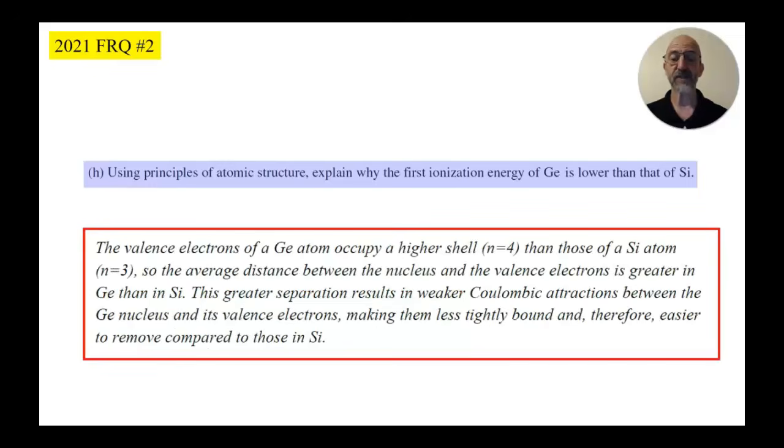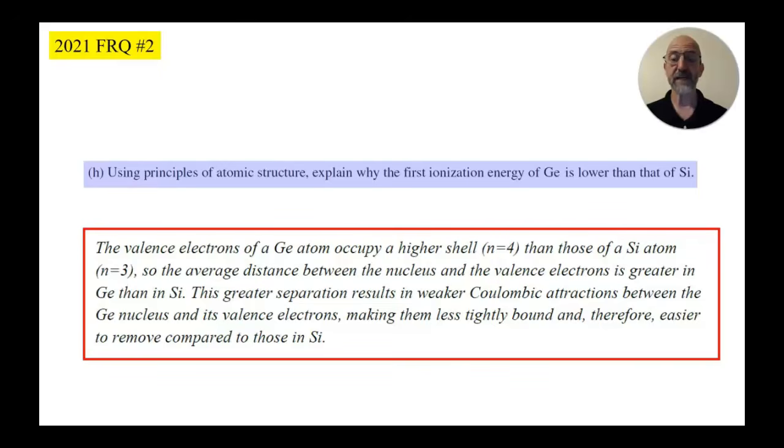So here is the official answer to this question. The valence electrons of a germanium atom occupy a higher shell, energy level 4, than those of a silicon atom, energy level 3. So the average distance between the nucleus and the valence electrons is greater in germanium than silicon.